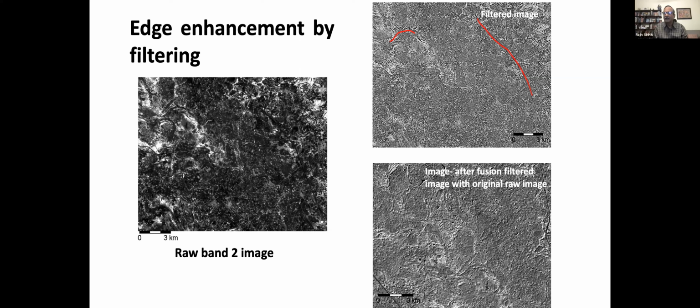For example, this is a river bend. You can see there are large oxbows, and so on. Again, there are river bends like that. There are roads which are highlighted here. All of these features where there's an edge have been enhanced. These kinds of techniques are used when we want to map certain features like roads or barriers, like the river lines, and so on. That's basically when we use the filtering technique here.